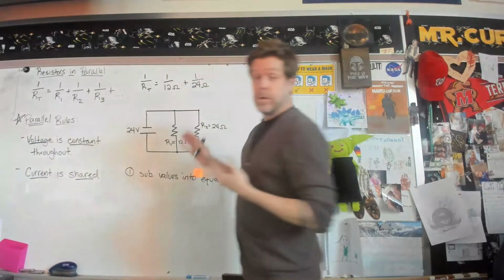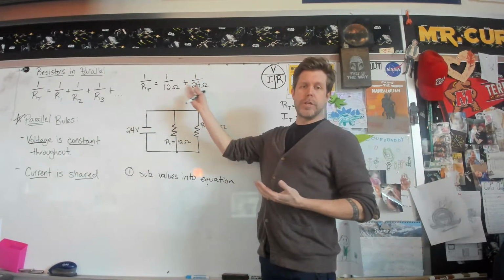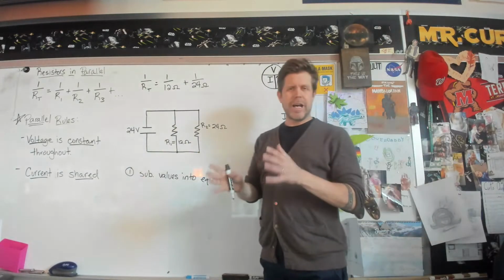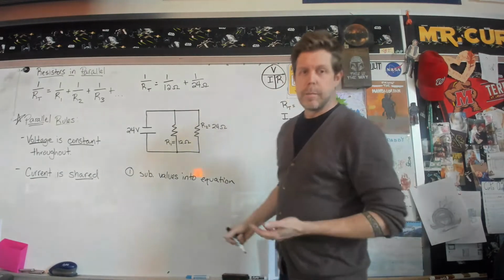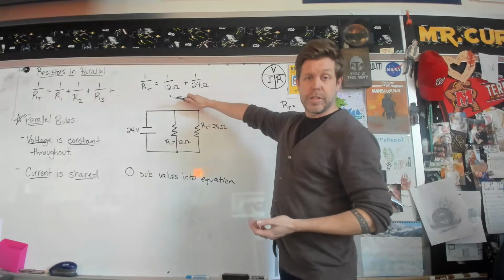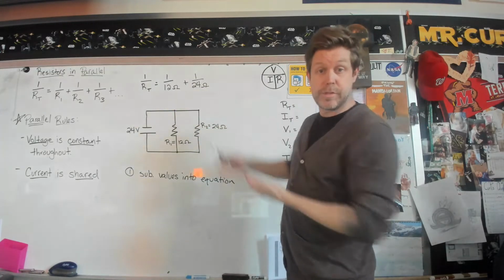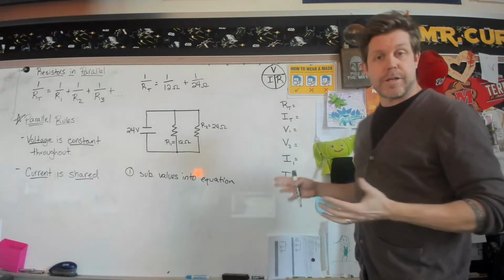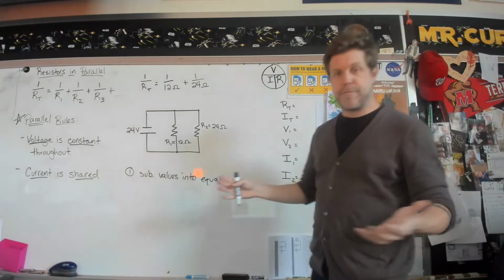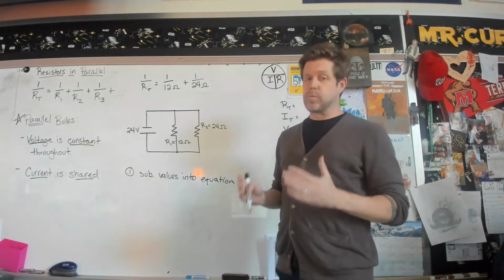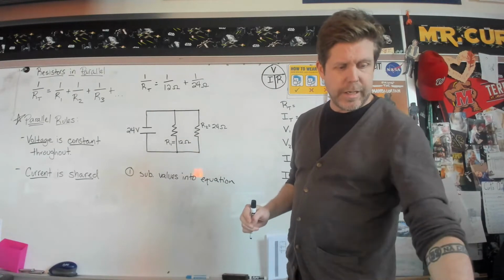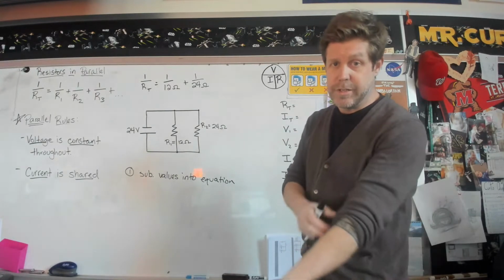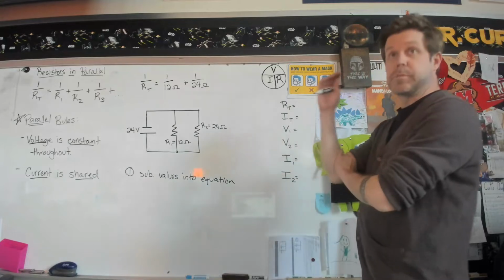Now, starting tomorrow, I will show you guys when you have a situation where you've got 2 resistors in parallel, there is a kind of a shortcut you can use. But since we're just learning this new formula today, we're going to go ahead and use the formula that you see here. Adding fractions is probably not your favorite thing in the world to do, but it's really not that bad, especially since you have your calculators today, and there's no harm in using that tool to help solve these problems.